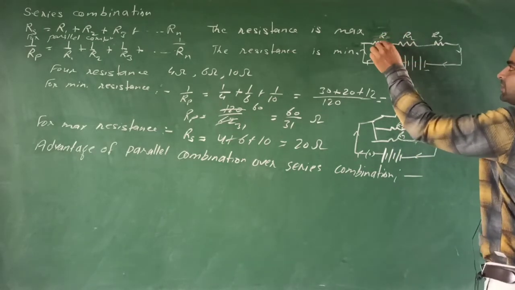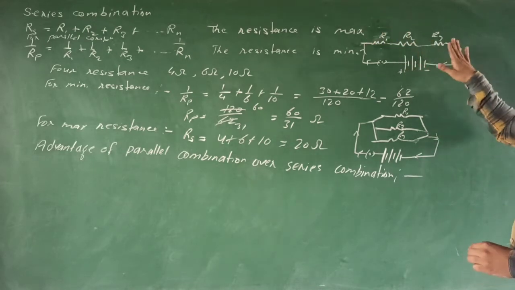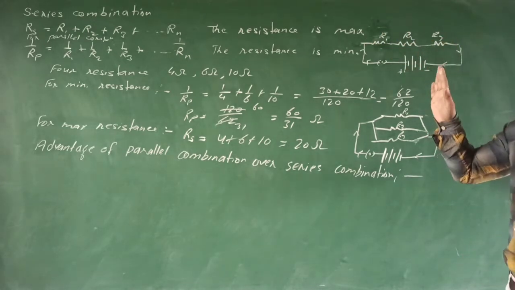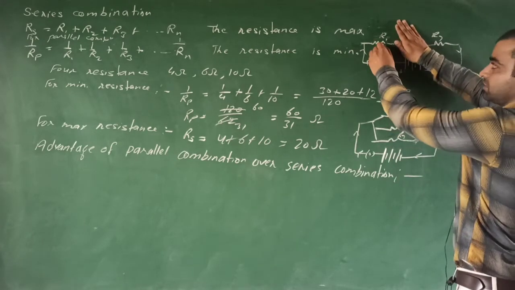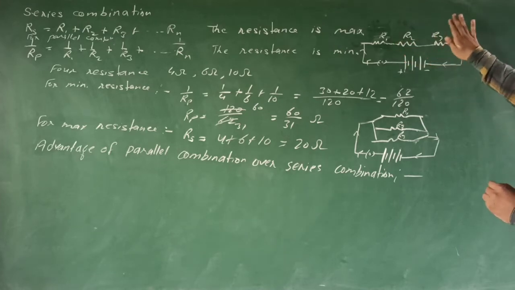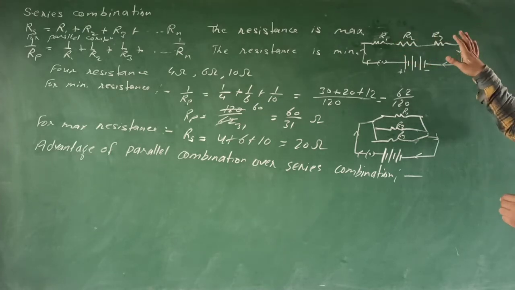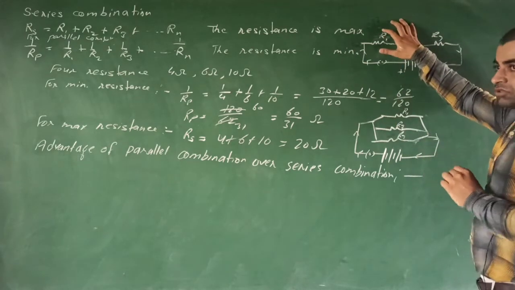This is R1. When R1 is damaged, R2 and R3 will also not work. When R2 is damaged, will R1 work or not? We can see, the next components will not work, because the circuit will be open, and this will also not work.